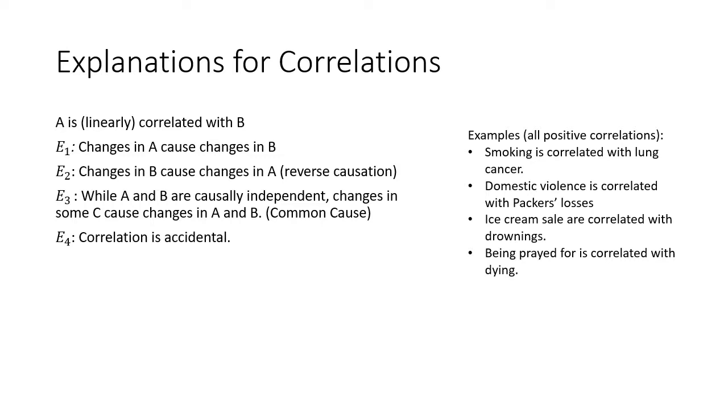You have inference to the best explanation in the context of correlations. So there are typically four possible explanations. If you can eliminate all but one, then you have some reason to think that that explanation is true.